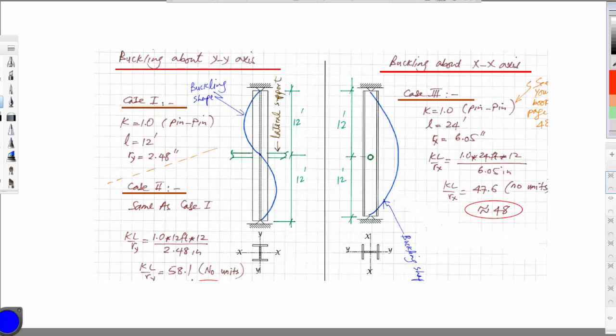This is step number one. So you have buckling about YY.